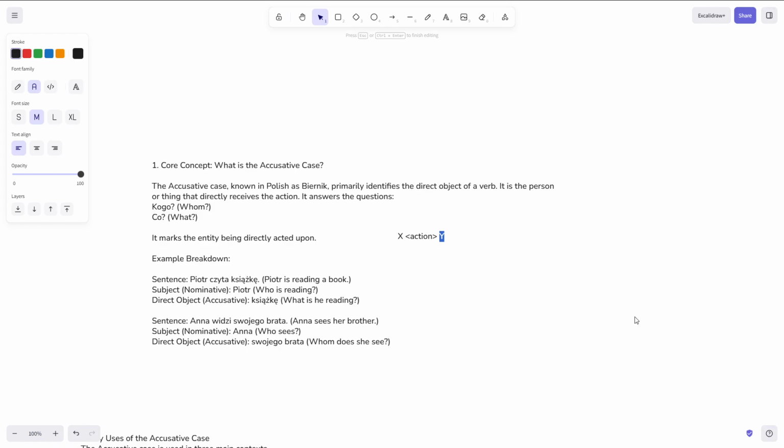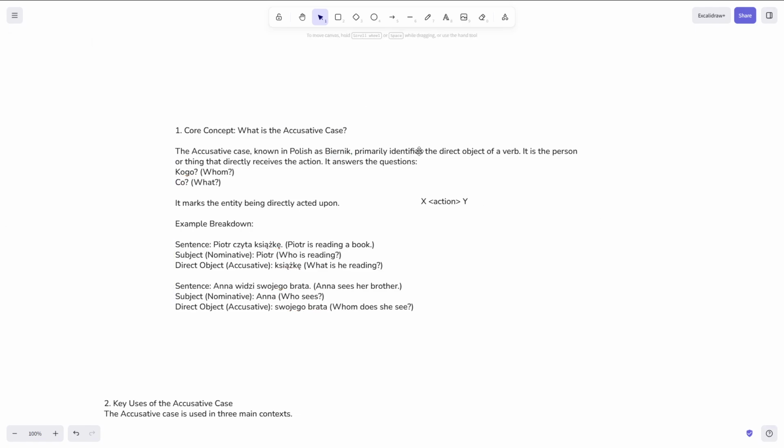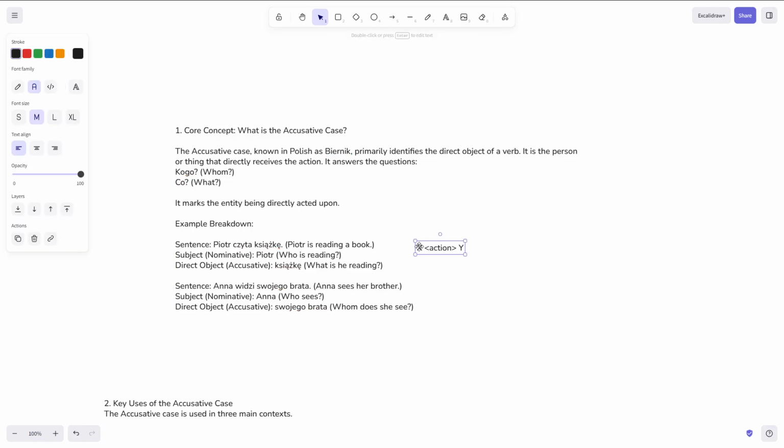So for example, let's break it down. Sentence: Piotr czyta książkę. Piotr is reading a book. Okay, so we have two nouns, Piotr and książkę, book. Okay, Piotr and book are our two nouns, and the verb is reading. So if we were to use our handy dandy little formula, we have X as our Piotr.